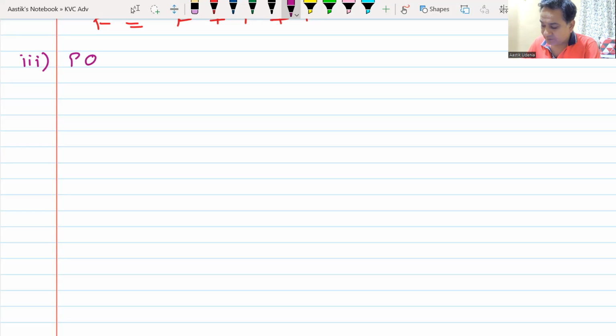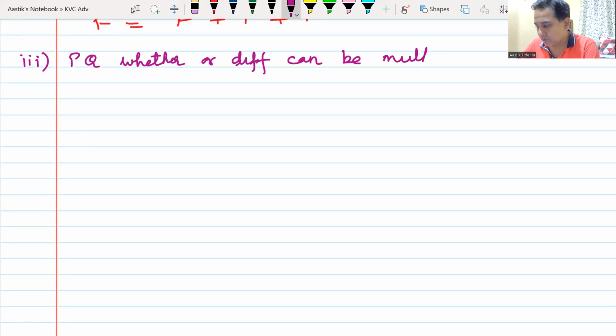Physical quantities, whether they are same or different, yes, my dear friends, can be multiplied or divided, giving new derived quantities.